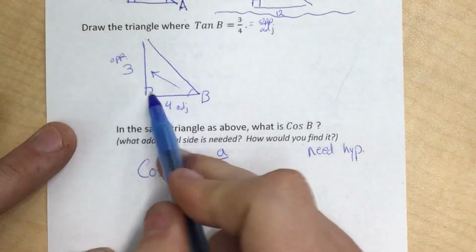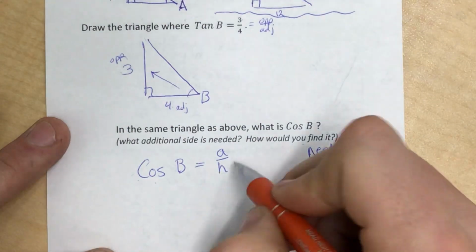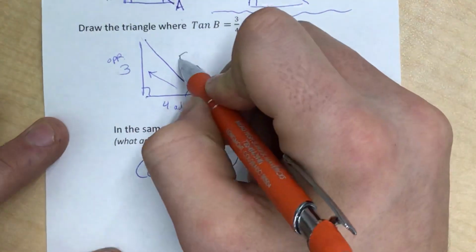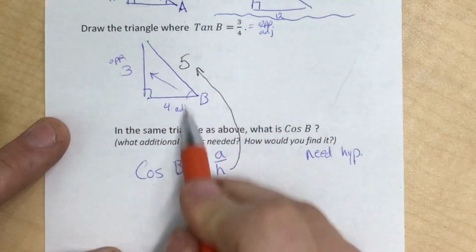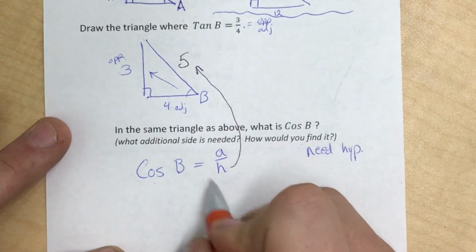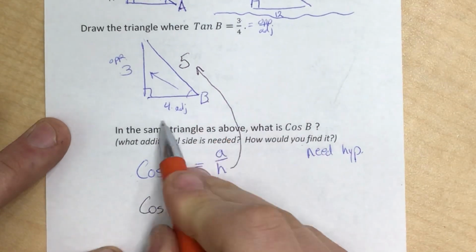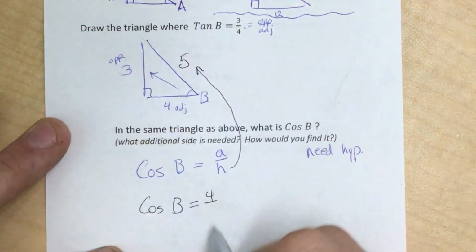You can use the Pythagorean theorem, 3 squared plus 4 squared. You might already figure out that the hypotenuse is 5 because we know this is a 3, 4, 5 right triangle. So specifically, the cosine of B is going to be the adjacent side 4 over the hypotenuse 5.